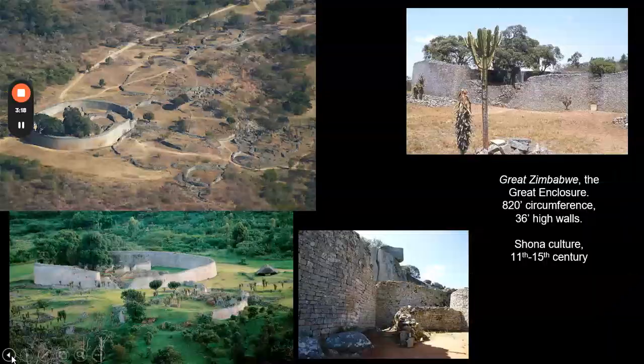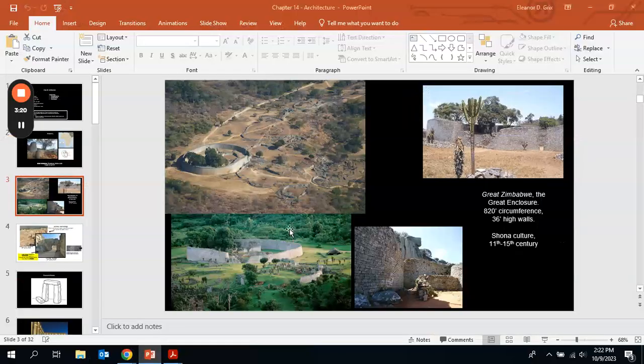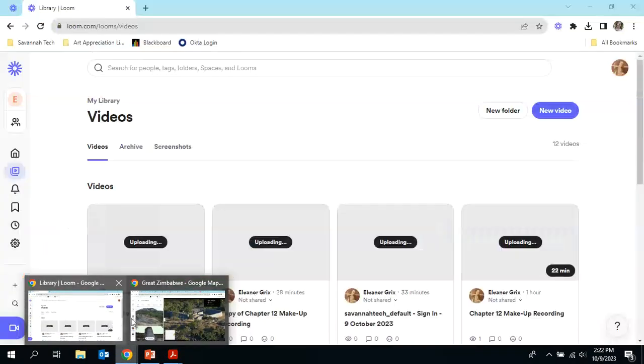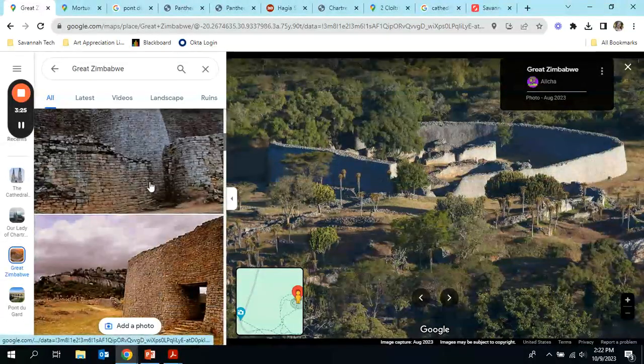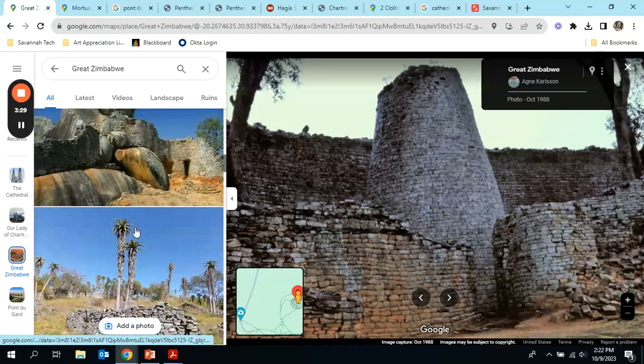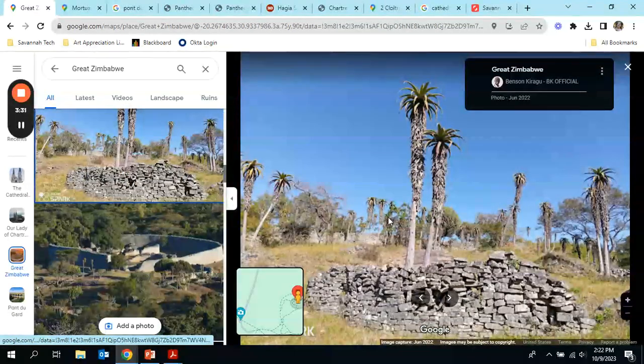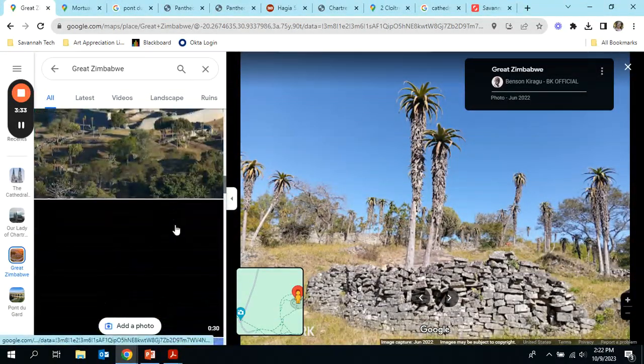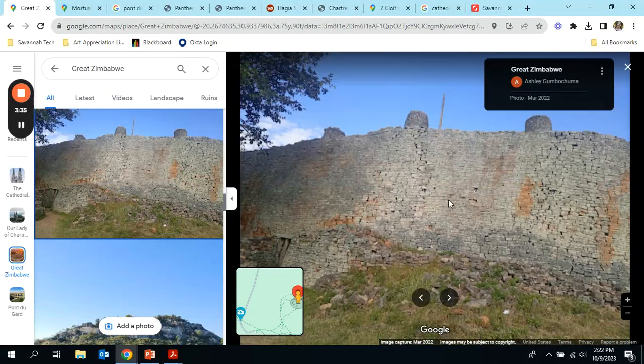So normally in class, I show other pictures of the Great Zimbabwe, and I ask, so is this rubble masonry, or have these stones been dressed? And the answer is that they have been dressed. The architects who constructed the Zimbabwe, they shaped the stone to basic brick shape before using it.